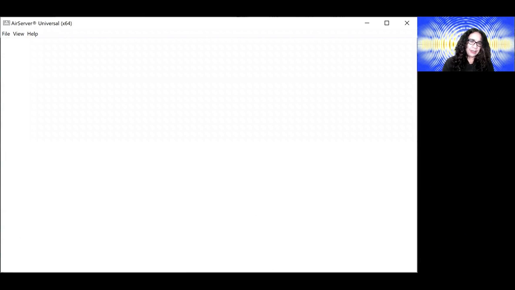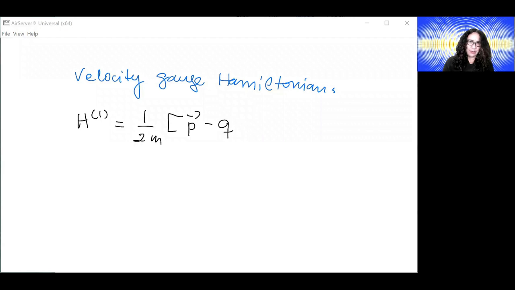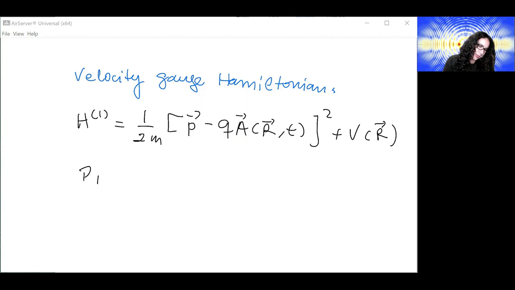We're going to start from the velocity gauge Hamiltonian, which is given by H1, 1 over 2m (p minus qA(r,t)) squared plus V(r), where p and r are operators.